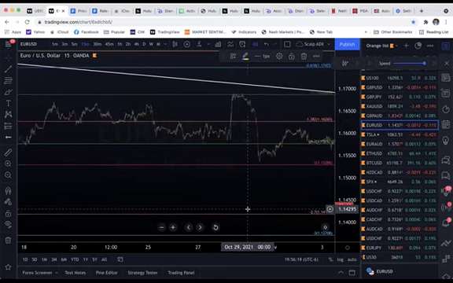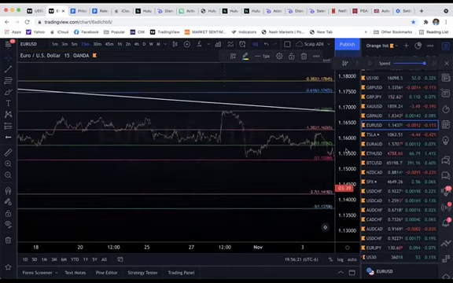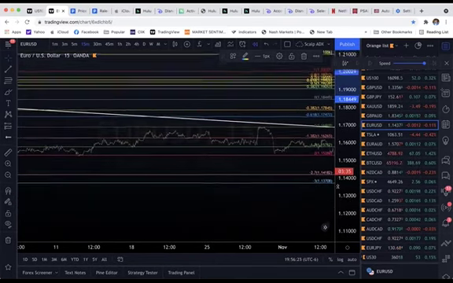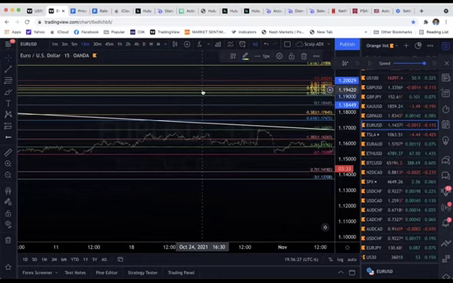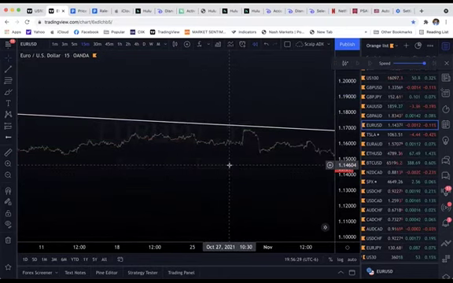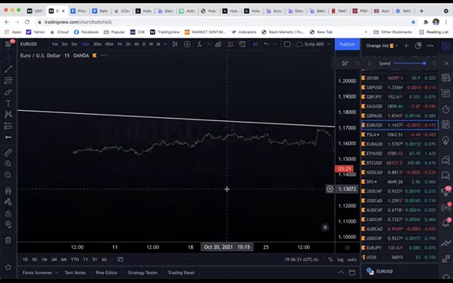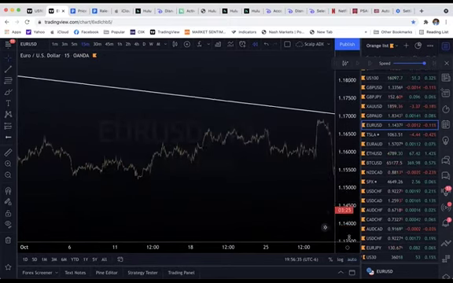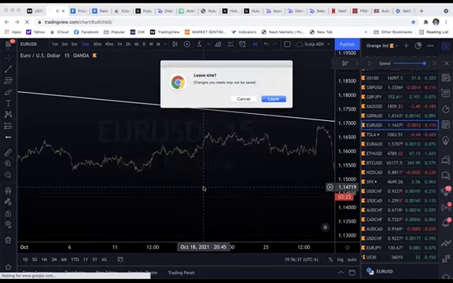Now we're seeing great areas where we can enter. I personally like to draw my fibs on the 15-minute or 30.